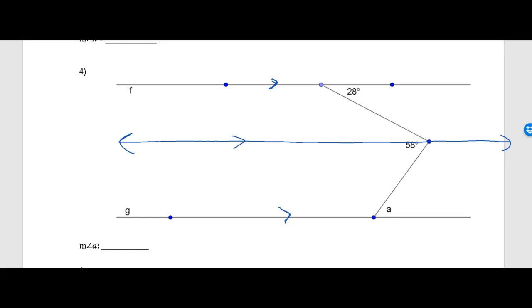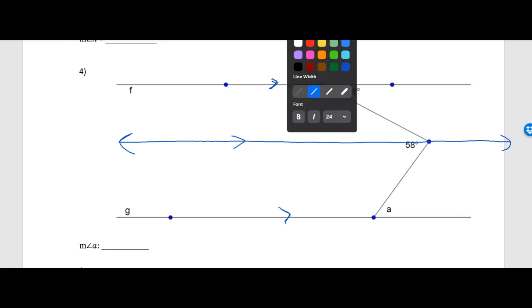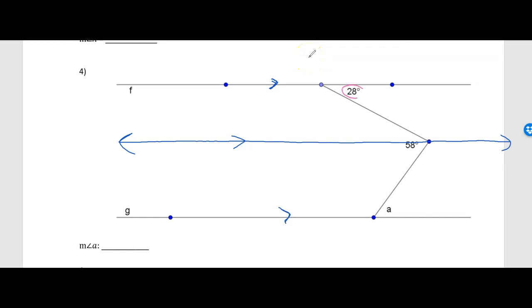Now, I can split this 58-degree angle up into two, right? It's now being split into two parts. We don't know that both parts are congruent. We just know that both parts should add to 58. So let's work our way from top to bottom. I have this 28-degree angle here. Now, there is a relationship between this 28-degree angle and the top half of 58.